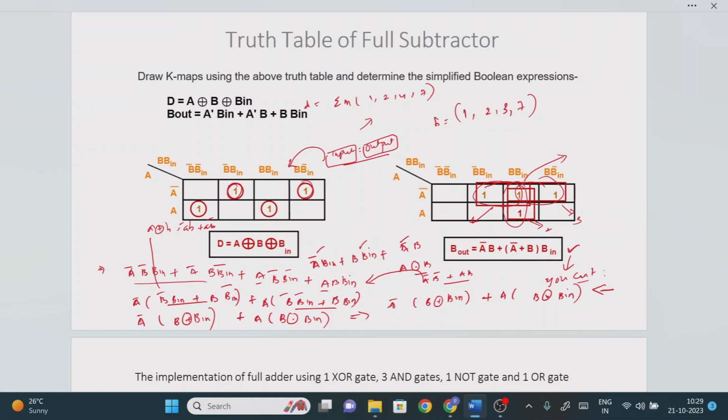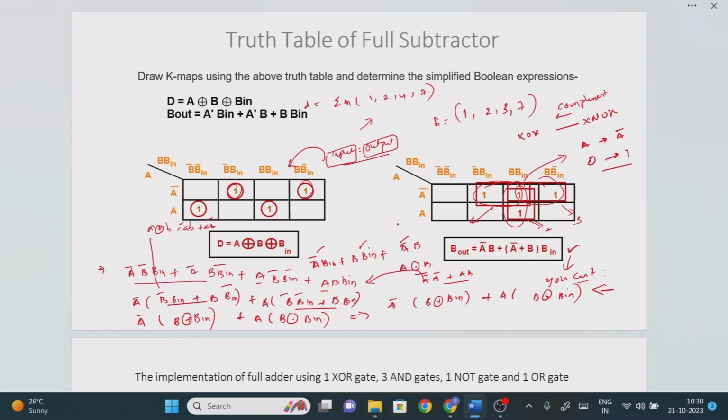If you remember, the relation between XOR logic gate and XNOR logic gate is the complement relation, right? It means that if XOR is A, XNOR will be A bar. If it is 0, it means it is 1, right? So based on this relation we can write. This is in terms of the XOR logic gate, this is in terms of the XNOR logic gate.